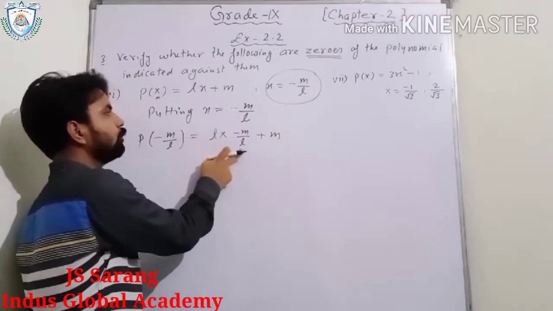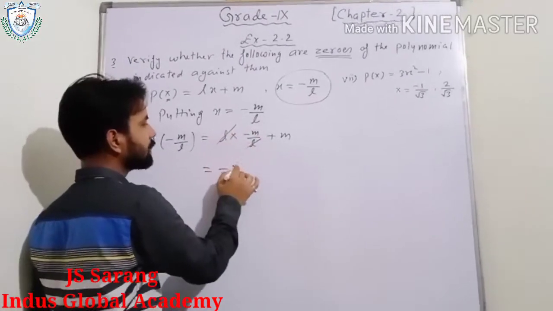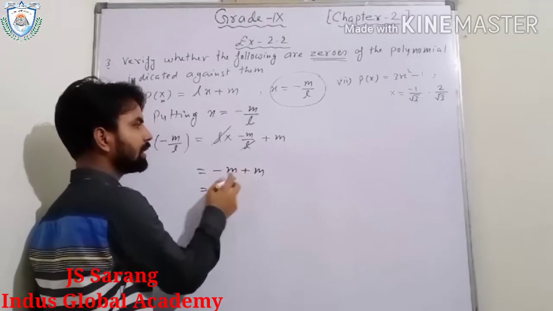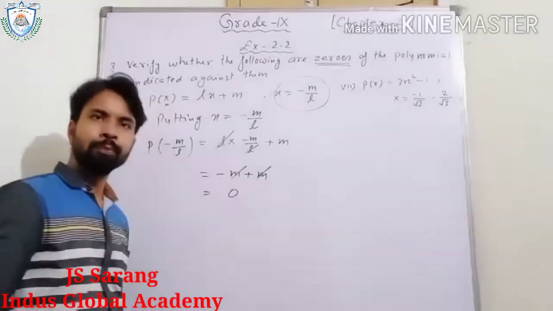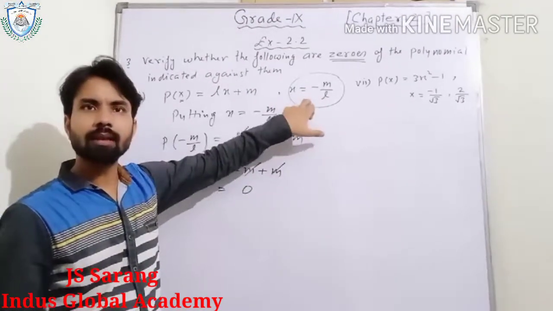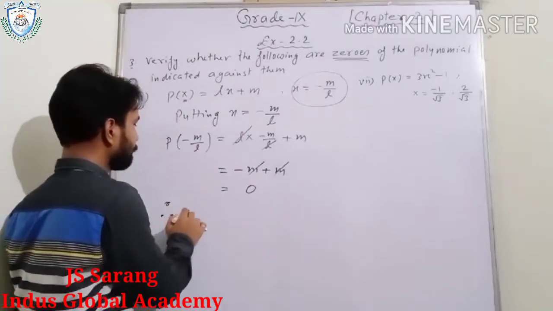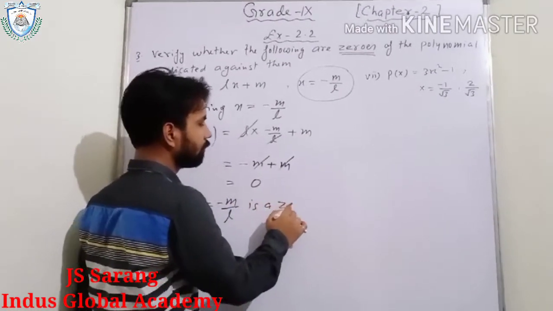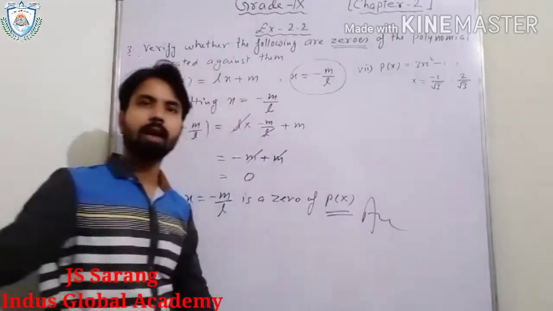So see, l is in the numerator, l is in the denominator, so it can be cancelled. What is left here? Minus m plus m. But minus m and plus m are equal but have opposite signs, so they can be cancelled. Positive m and negative m, so the result is 0. So here the value of the polynomial is 0 at this point. So this is the zero of this polynomial. Understood? So at last we have to write: hence x equal to minus m upon l is a zero of p(x). So this is our answer.